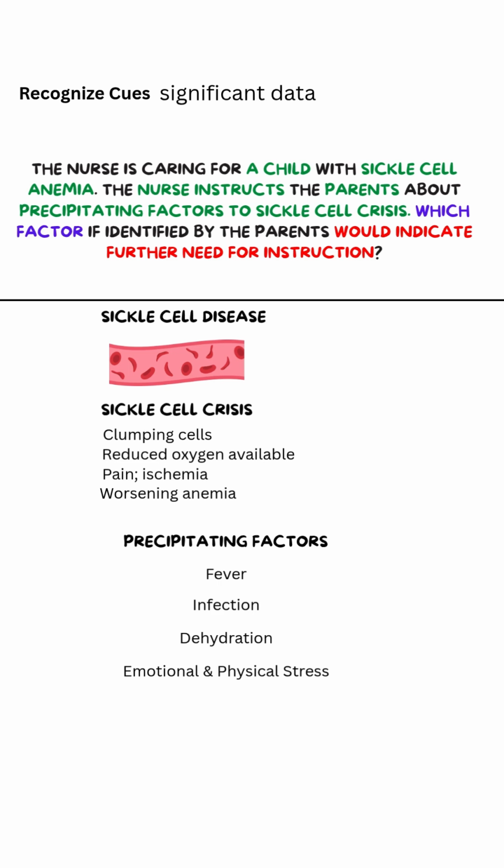So I was talking about precipitating factors, and infection, yes, is a precipitating factor to sickle cell crisis. Fever is another one, along with infection, dehydration, and emotional and physical stress. So, these are precipitating factors, meaning when these situations are going on, fever, infection, dehydration, emotional and physical stress, trauma, all of these things can cause exacerbation.